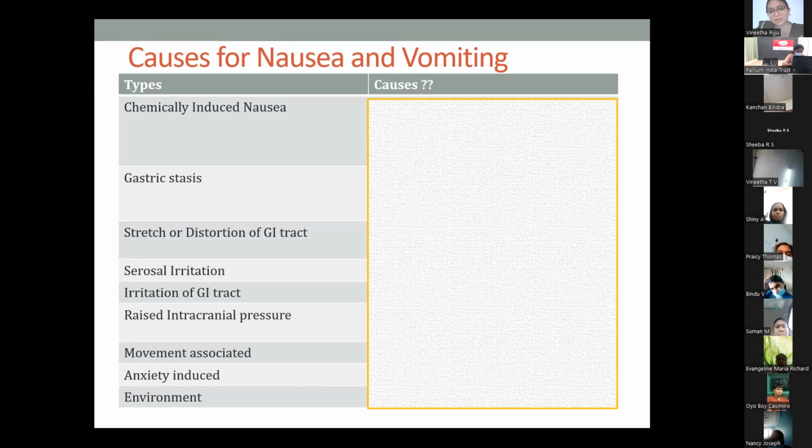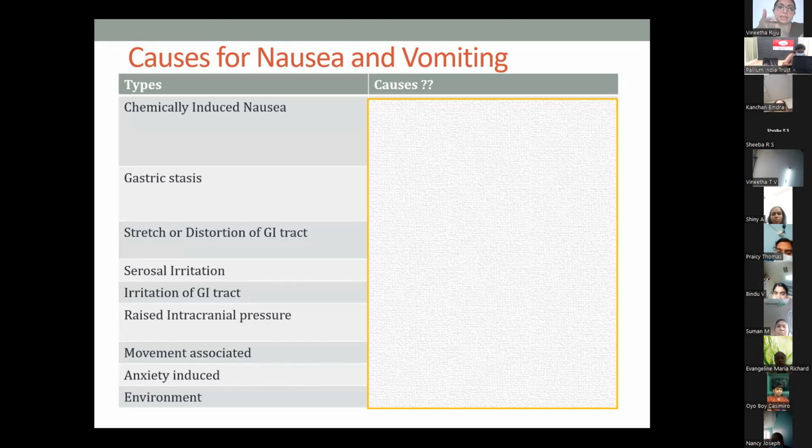Yes, in hypertension, severe hypertension can lead to cerebral bleeds. Yes, head injury patients. CVA. All these things cause increased intracranial pressure.